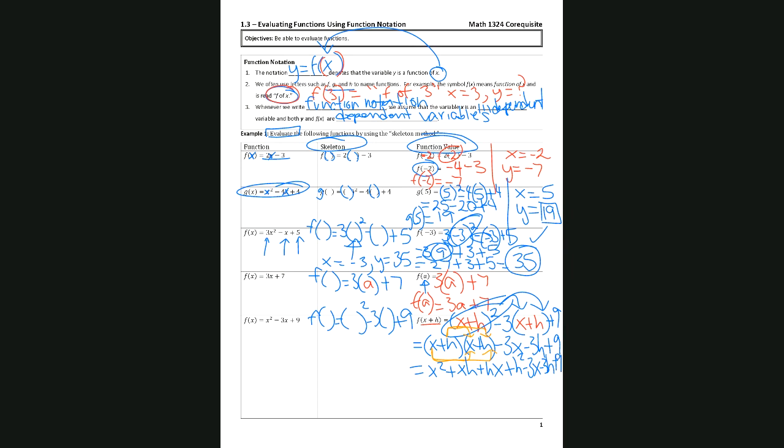From here, the only like terms are those two. So we'll have x squared plus 2xh plus h squared minus 3x minus 3h plus 9. And that long answer is actually the answer to our question.